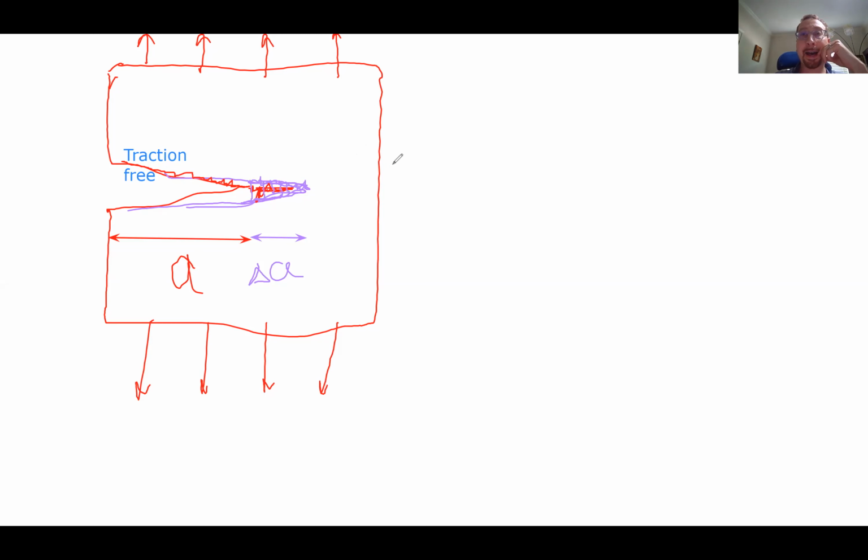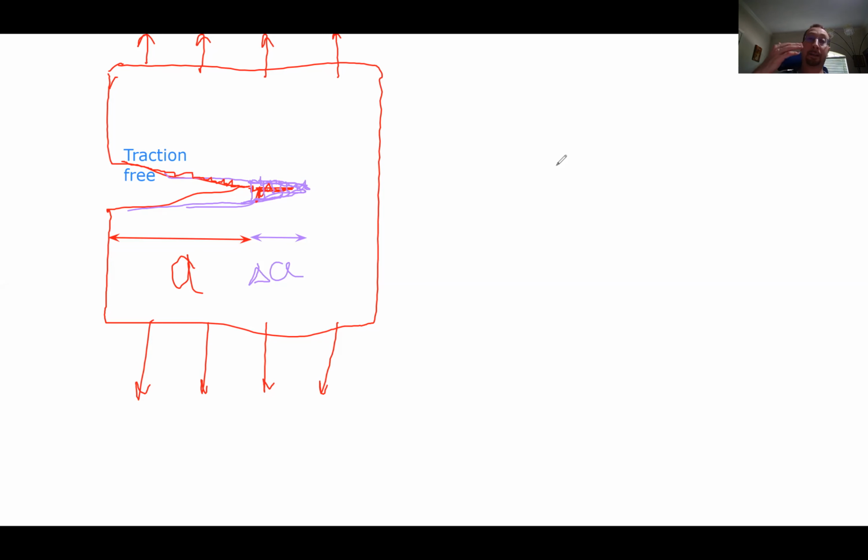Okay? And the balance between the elastic energy that would be released if the crack grows by delta A, and the energy that you require to break these bonds, the balance between these two energies tells you whether the crack will grow or not.